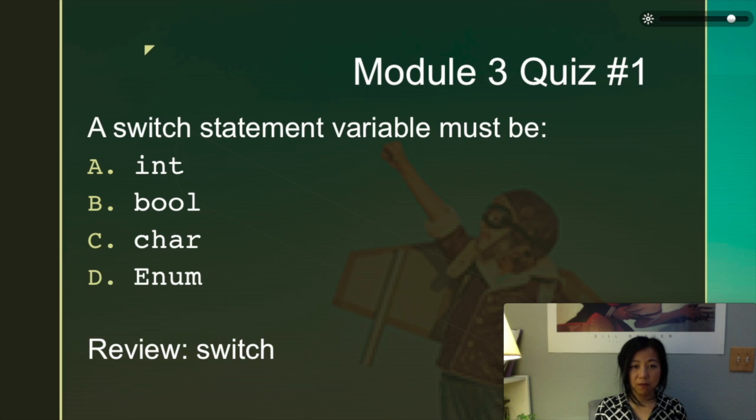First of all, I wonder if some of you didn't know that for some questions you can choose multiple answers. Second, if you don't know this, then review the switch statement, how to use it and so on. But if you've been doing the lab assignment, I think you got pretty good training by now.